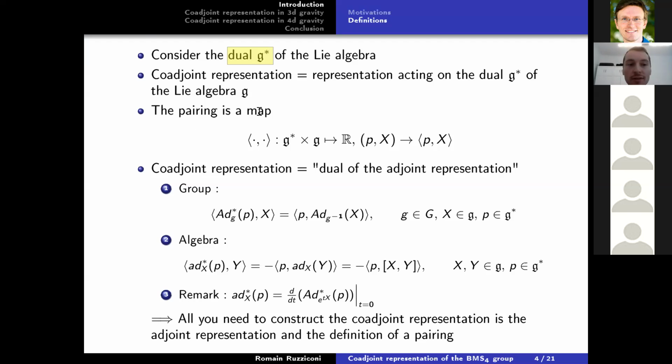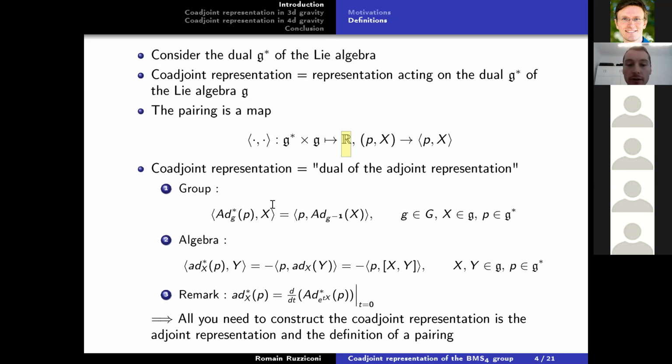So to construct this coadjoint representation, I need a map which is called the pairing, and that associates to one element of the dual and one element of the Lie algebra a real number. And then the coadjoint representation will be defined as the dual of the adjoint representation.